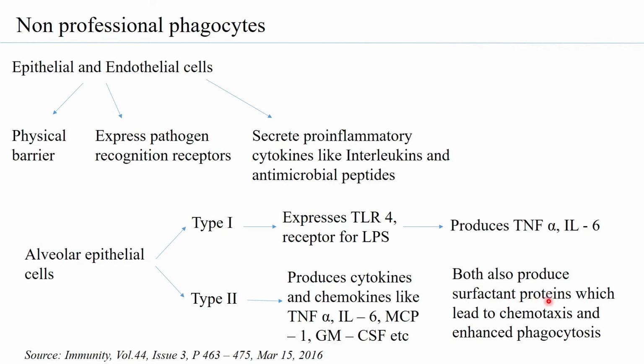And these surfactant protein 1 and 2 are in turn able to initiate processes of chemotaxis and enhanced phagocytosis. So you can see how indirectly it is recruiting leukocytes and it is mediating pro-inflammatory events. So this is again very important. They themselves are not engulfing, but they are calling cells that can engulf the pathogens.